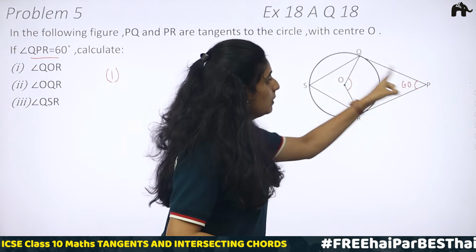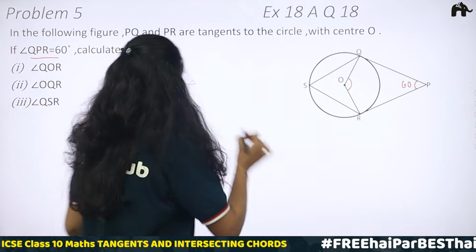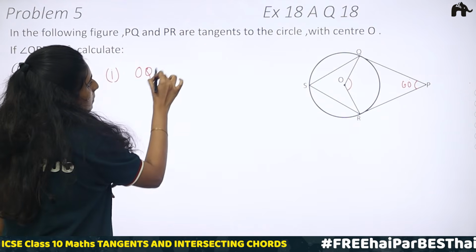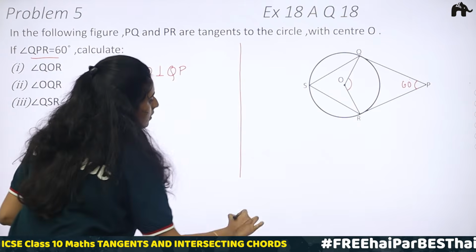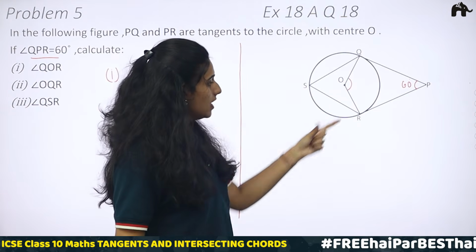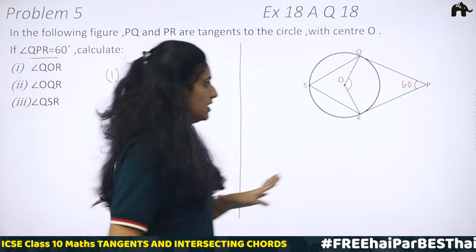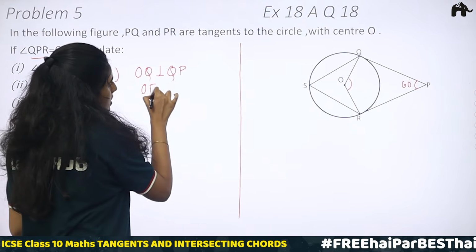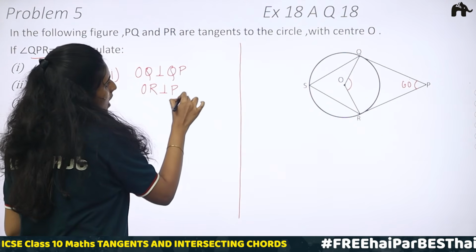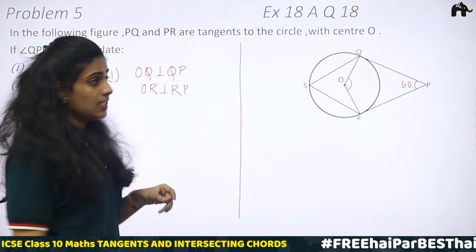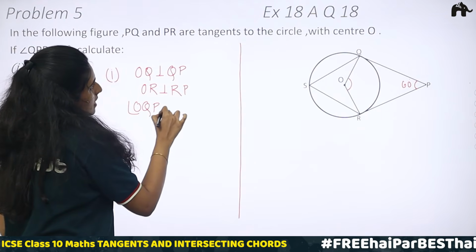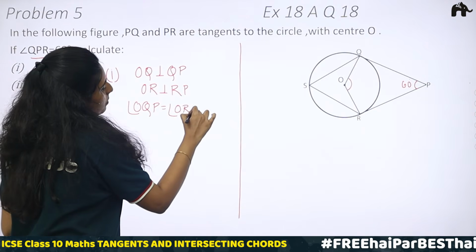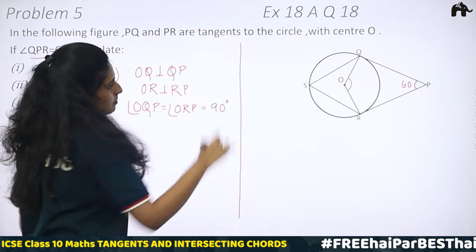Therefore, OQ will be perpendicular to QP. Here, OR is the radius and RP is the tangent. Therefore, OR is perpendicular to RP, which means angle OQP is equal to angle ORP equal to 90 degrees.